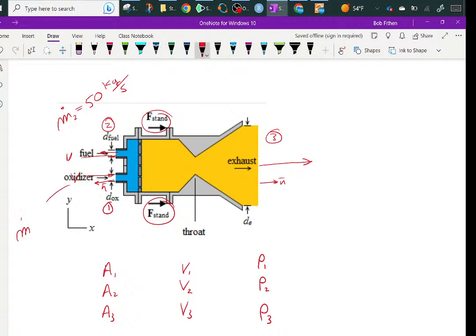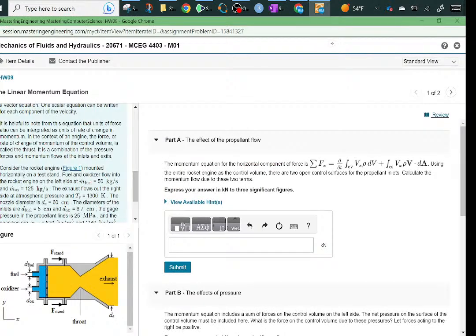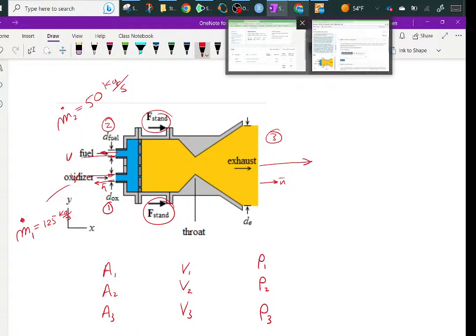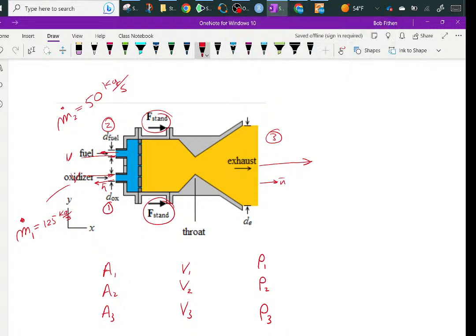And then the M dot of the oxidizer is 125 kilograms per second. So 125 and 50, and M dot 3 has got to be 175 kilograms per second.